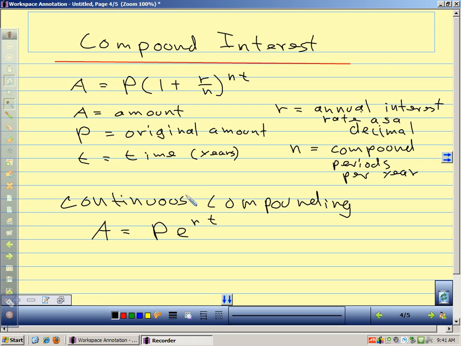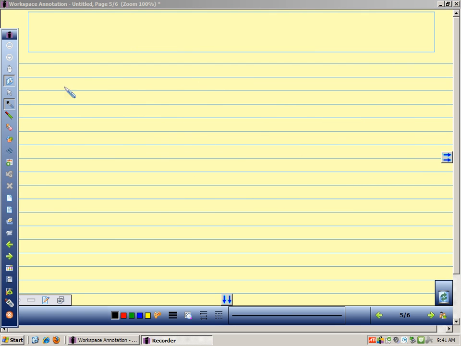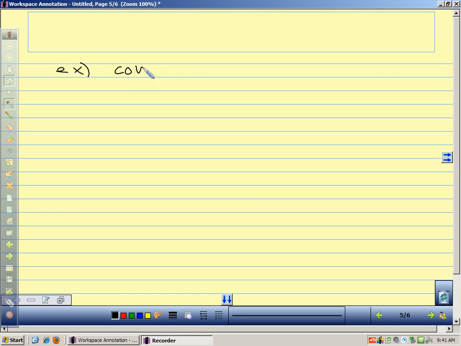All right, so let's look at a couple of examples using compound interest. Let's say we have continuous compounding. And our principal, we're starting with $5,000.